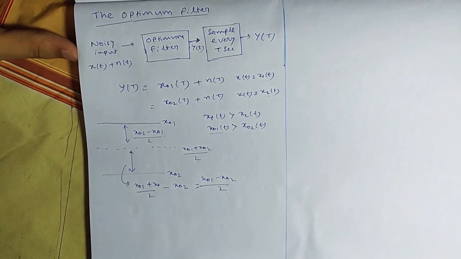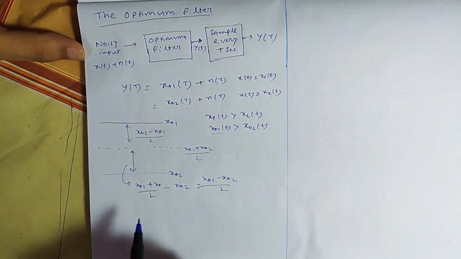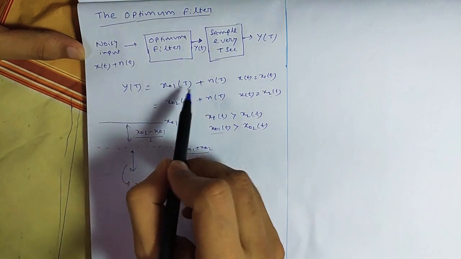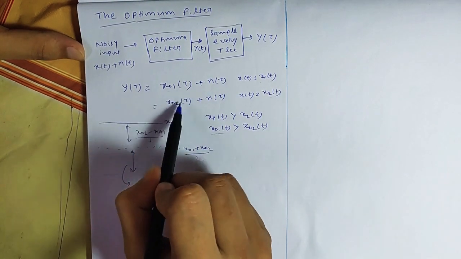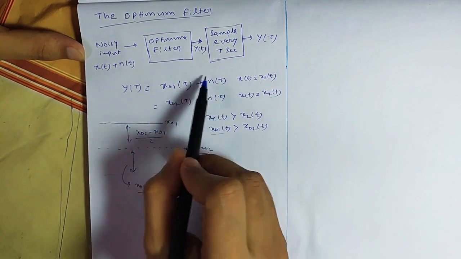Now consider the noise, which is Gaussian noise, n(t). We have drawn this x01 and x02. Now consider the noise part.